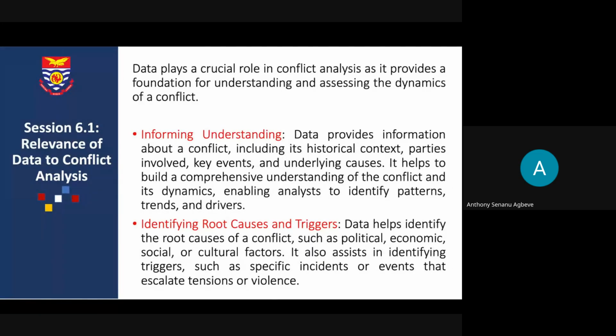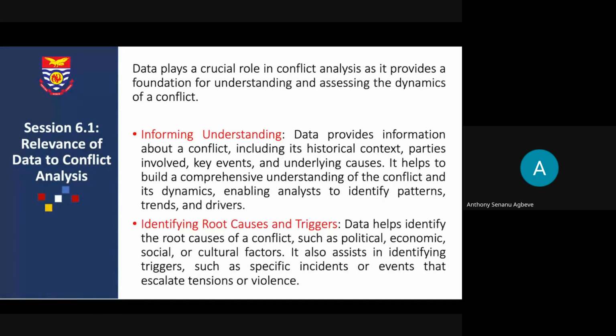So you've gone to the field to take data. We've looked at the challenges, but we're looking at the processes that you might go through to do the actual data collection, right? What are the relevance of the information you are getting to the conflict analysis process, right?